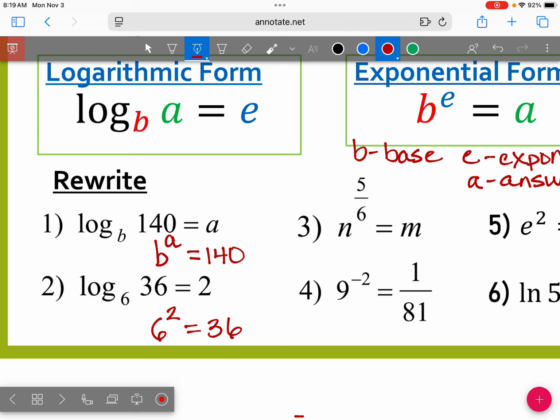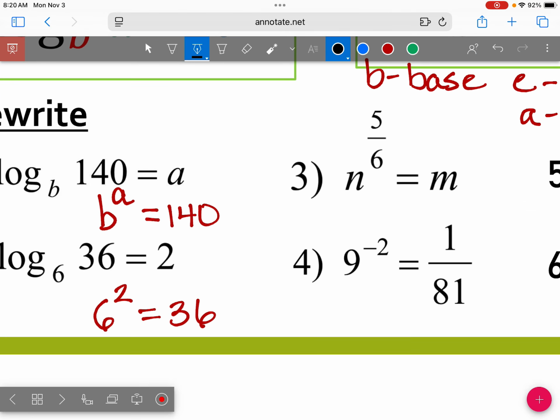All right, now let's look at number 3. Number 3 is an exponential statement, because we don't see the word log, that means we're starting off with an exponential statement, and we need to write it as a logarithmic statement. First I'm going to start by writing the word log. The base of my log is n.